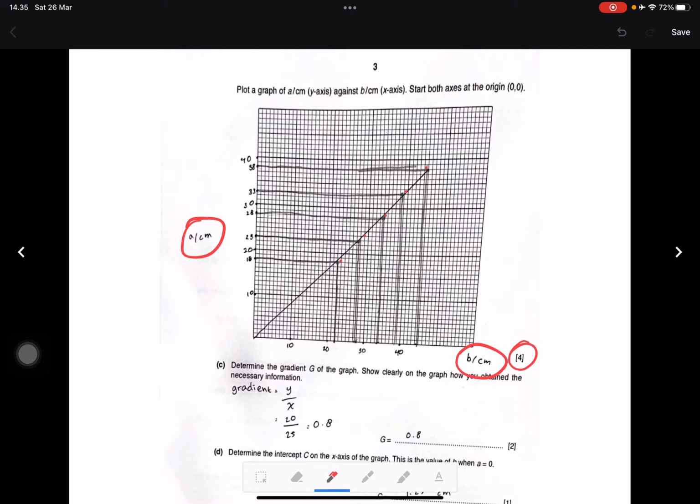Question C: determine the gradient G of the graph. Show clearly on the graph how you obtain the necessary information. Gradient is y over x.